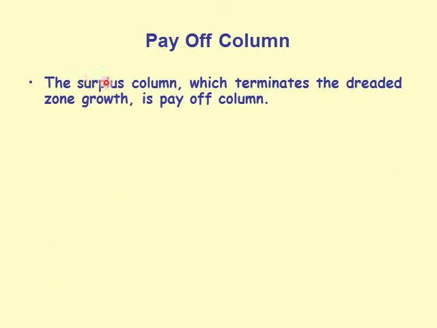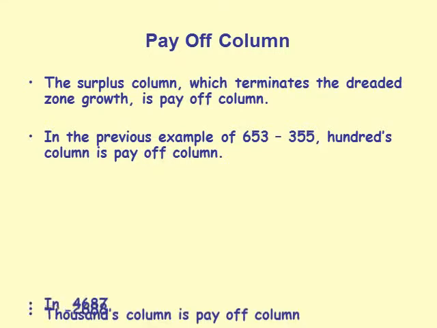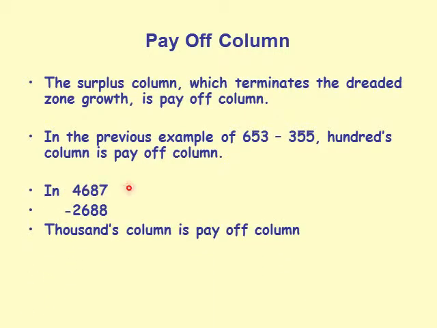Now we are going to look at a payoff column. The surplus column which terminates the dreaded zone growth is a payoff column. In the previous example of 653 minus 355, the hundreds column is a payoff column. In a new example here, 4687 minus 2688, let's look at what's going on.